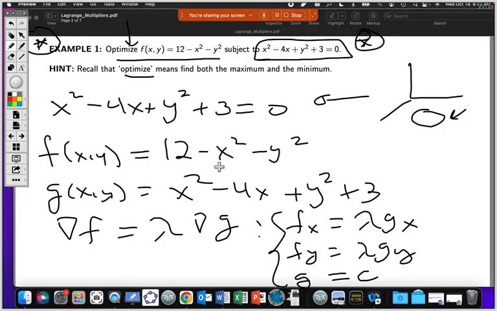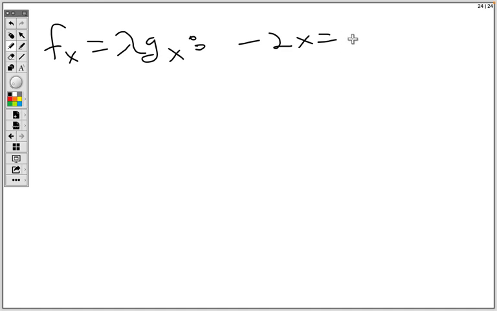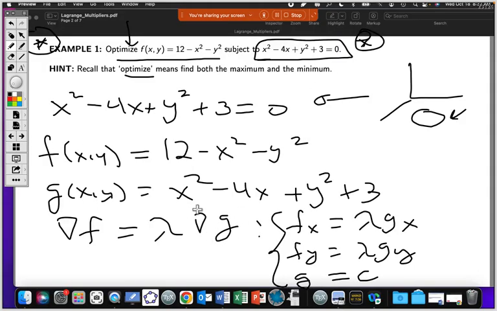What's the partial derivative of f with respect to x? Minus 2x. And likewise, we'll do the minus 2x here, equals lambda times, now I need the partial derivative of g with respect to x.